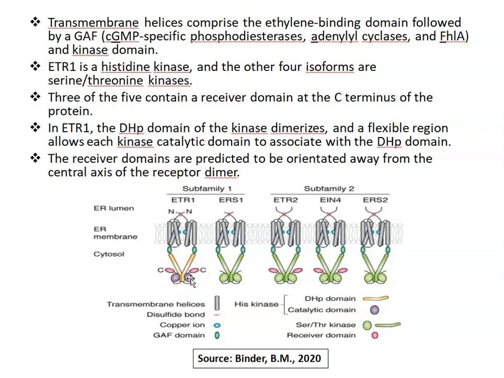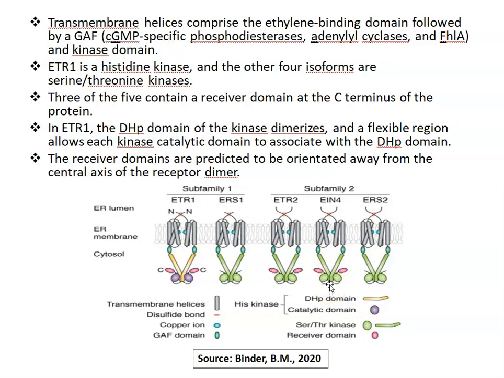Three of the five receptor isoforms contain a receiver domain, this pink structure, right? You can see here only ETR1, ETR2, and EIN4 have these receiver domains at the C terminus of the protein.